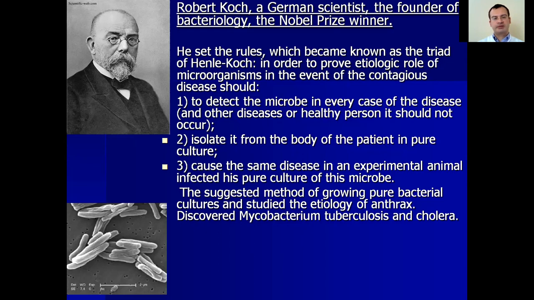It should be isolated from the body of the patient in pure culture, and cause the same disease in an experimental animal infected with this pure culture of the microbe. He suggested a method of growing pure bacterial cultures and studied the etiology of anthrax. He discovered Mycobacterium tuberculosis and cholera.